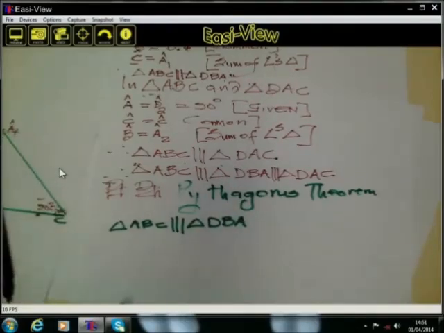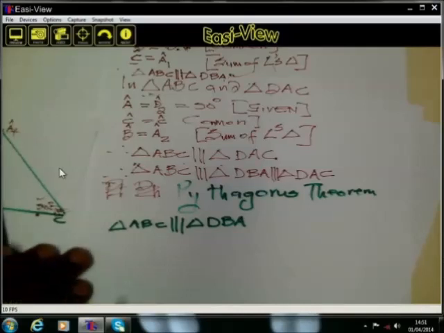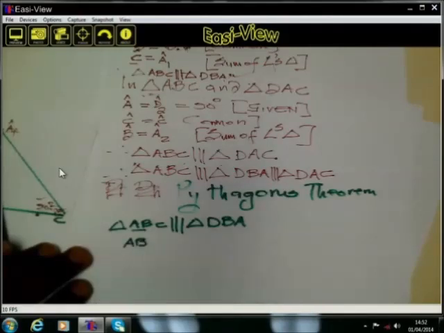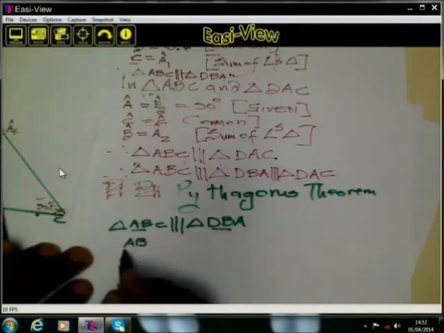From that, we can say, if I look at side AB over side DB.